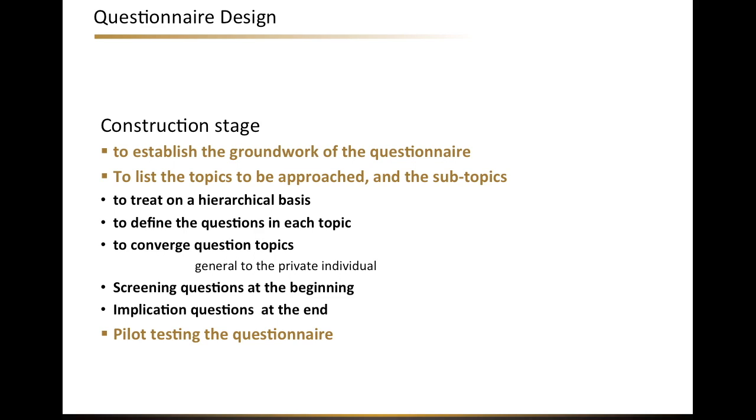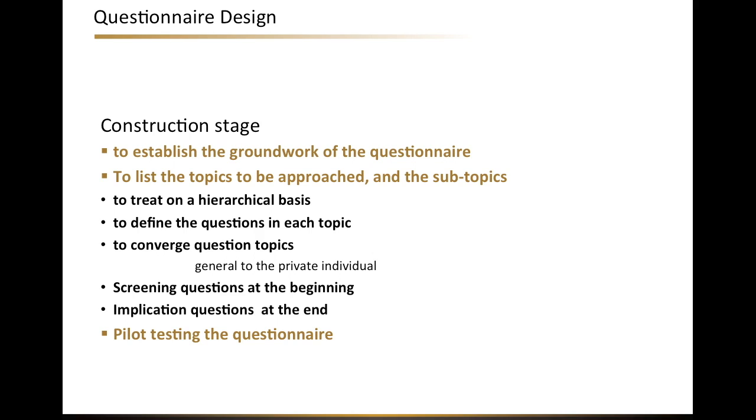The other element with questionnaire design is that the order in which you place the questions has a great impact on the quality of the data that you have. If you put specific questions on individuals, what are known as implication questions, at the beginning, these are things such as gender, age, income, all of these specific questions about the individual which make the individual uncomfortable.